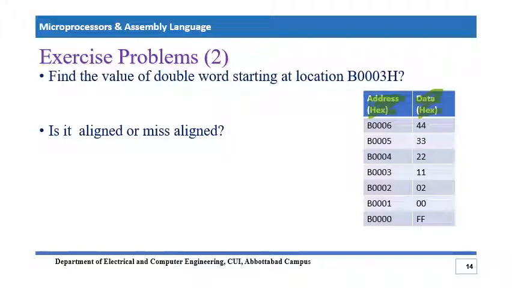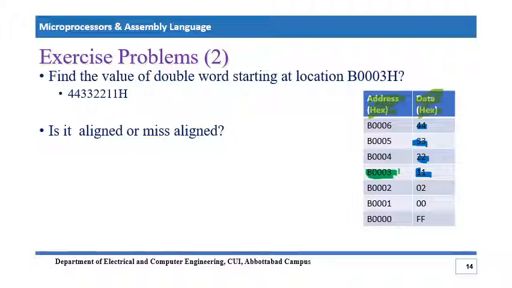It's here. We are talking about a double word, which means 4 bytes of information. So that's our first byte, our second byte, our third byte, and our fourth byte. So the double word will be 44332211.